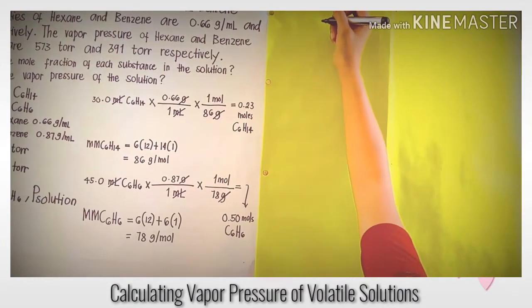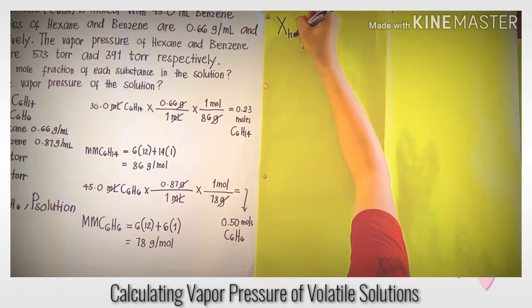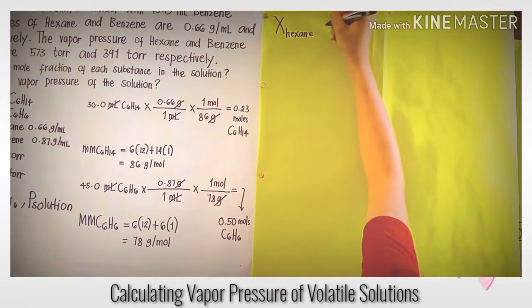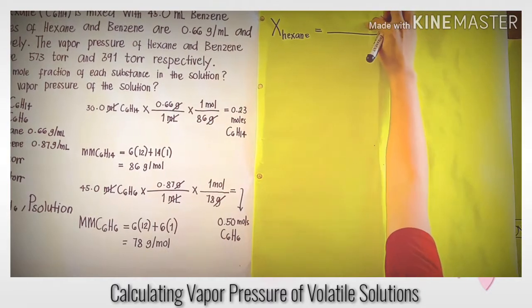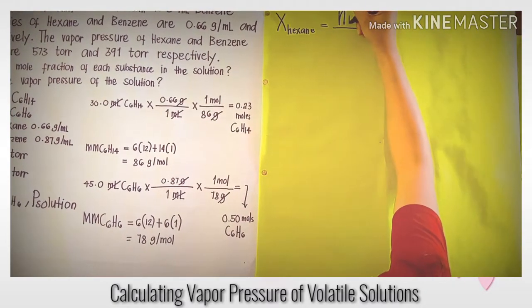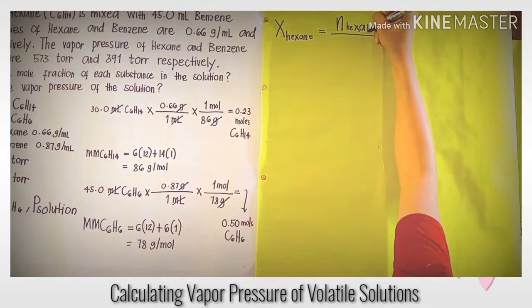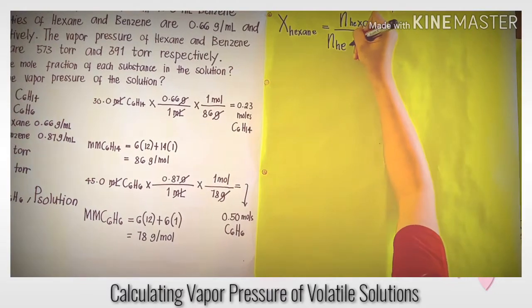So now we can calculate the mole fraction of each substance. So let's start with the mole fraction of hexane. The numerator will be the moles of hexane, divided by the sum of moles of hexane and benzene.